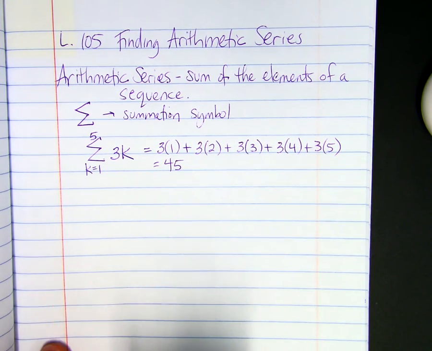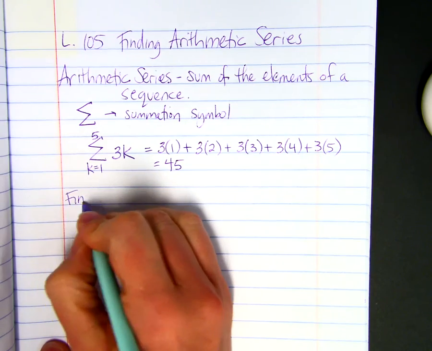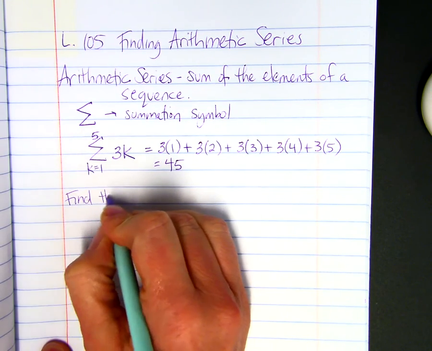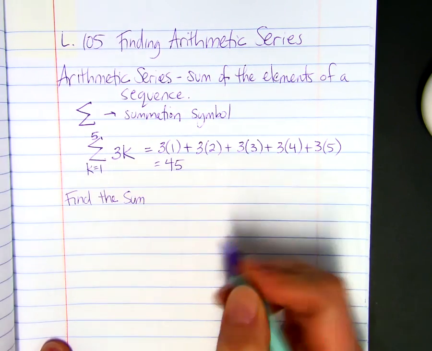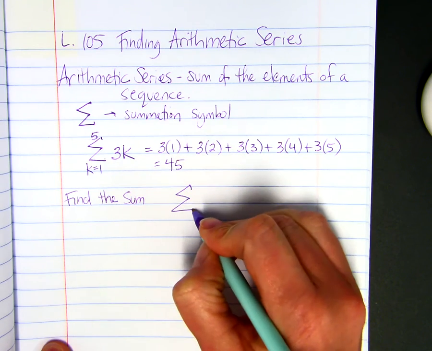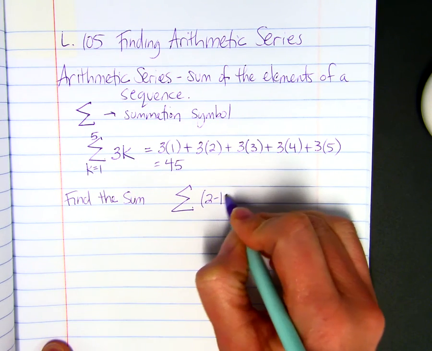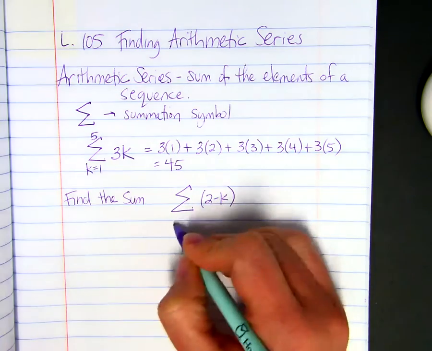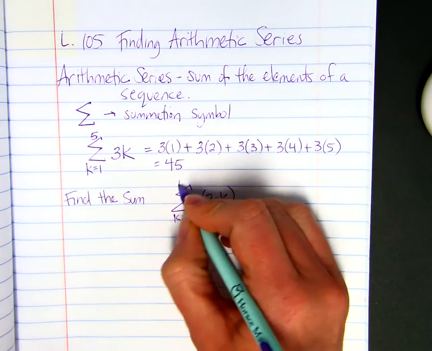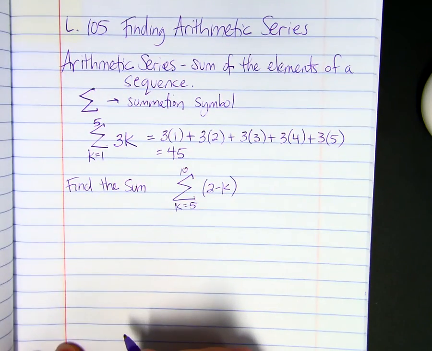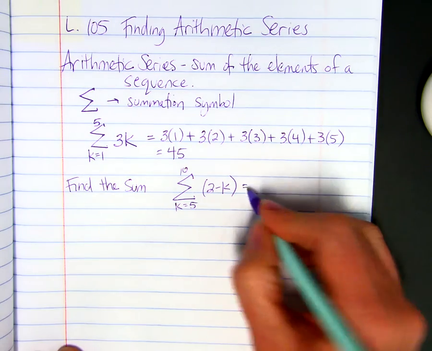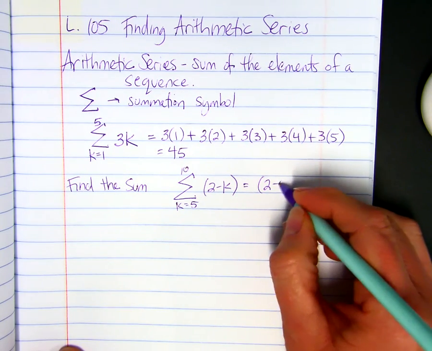Here's a different example. Find the sum. We're summing up 2 minus k, going from k equals 5 to 10. We start with 2 minus 5.